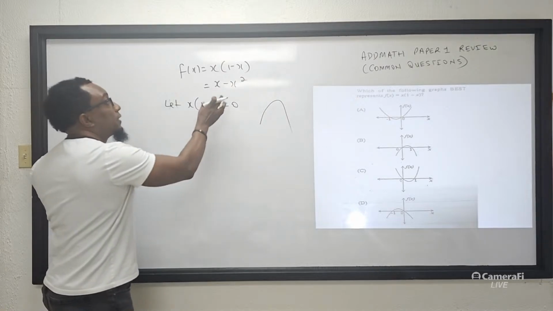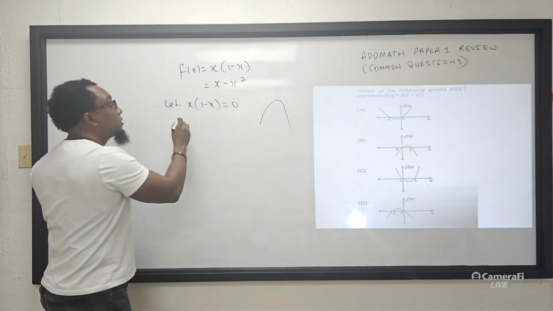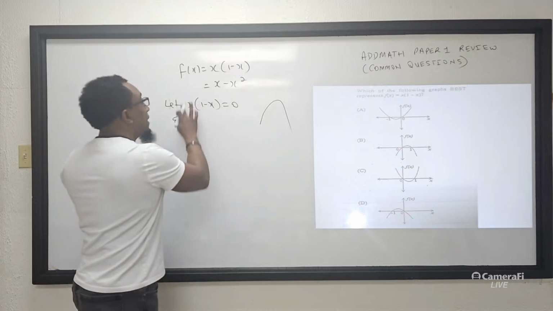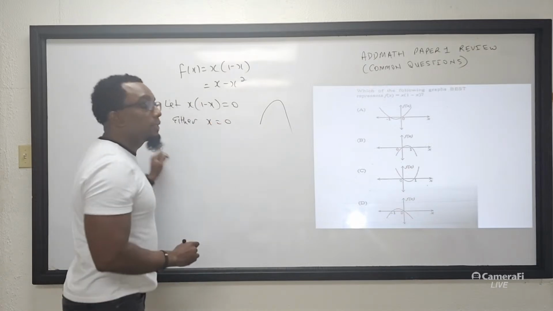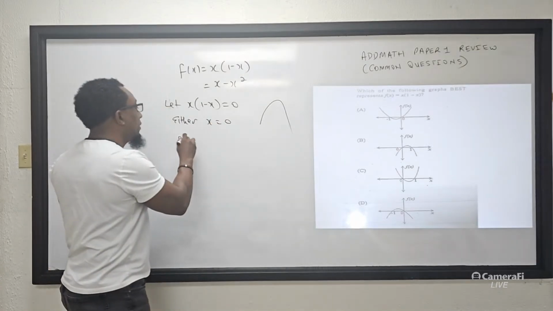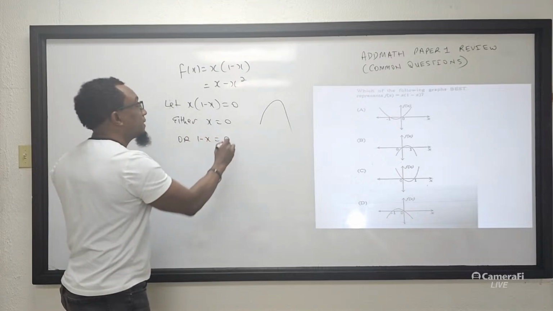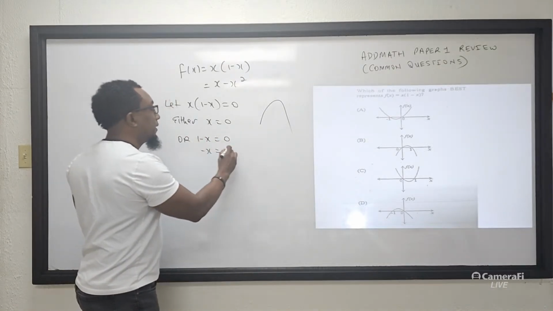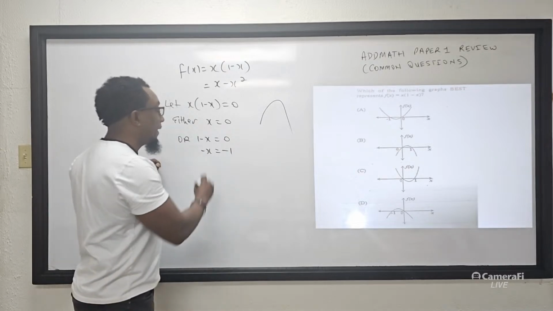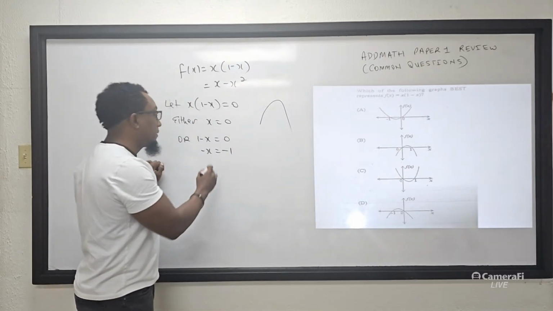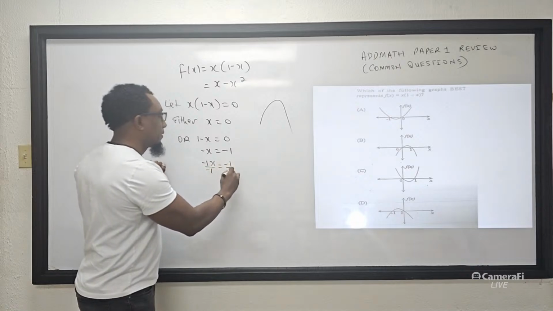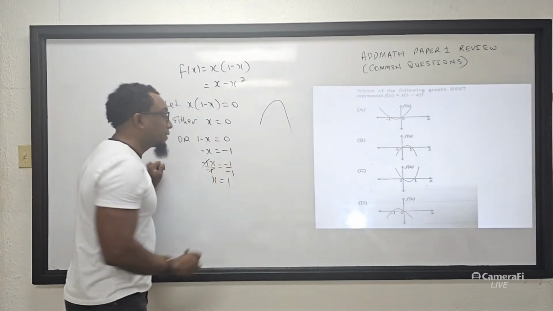And of course the expression is already factorized, so I can say either, let me get my 2 roots, my first factor x I place equal to 0, and or my second factor 1 minus x I place equal to 0. Negative x is equal to negative 1, and therefore I can divide both sides by negative 1. Negative 1 is understood in front of x, and therefore x is positive 1.